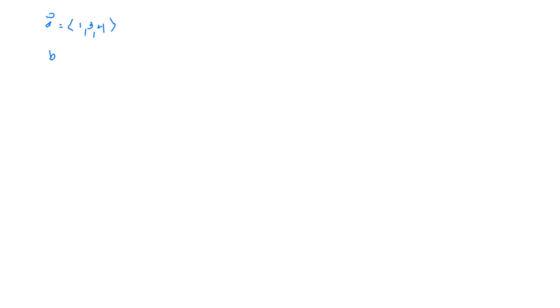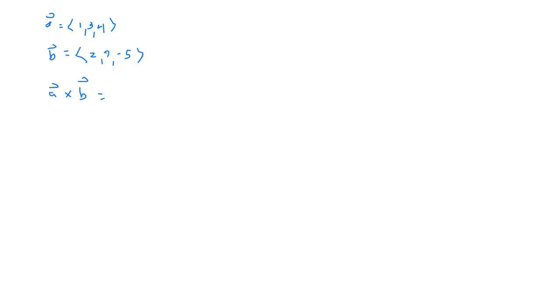And I'm going to have a vector B that has components 2, 7, and -5. And I want to do A cross B. I want to find the cross product of the two vectors.